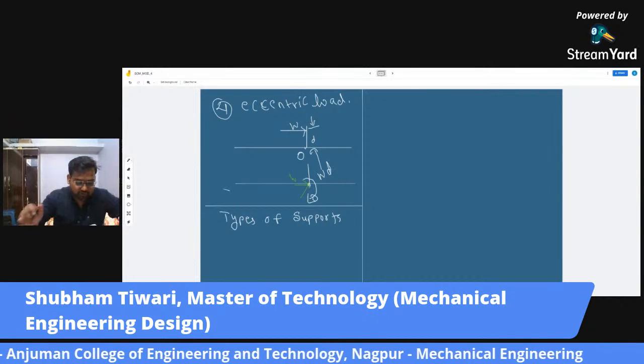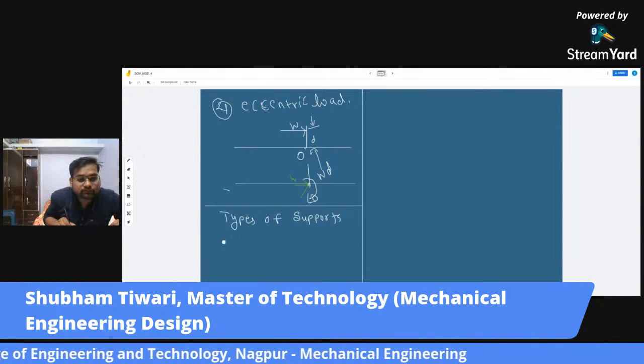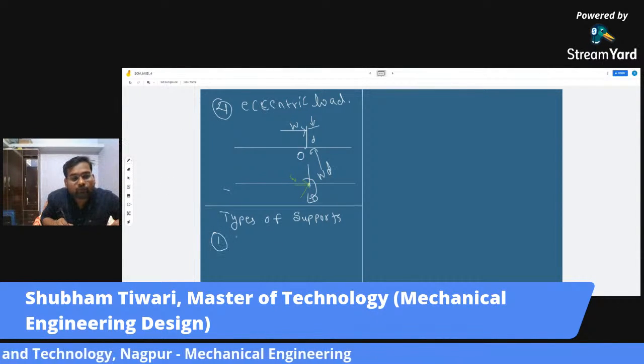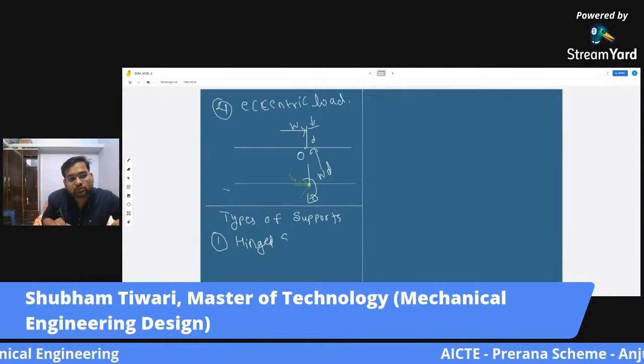The very first support is hinged support.